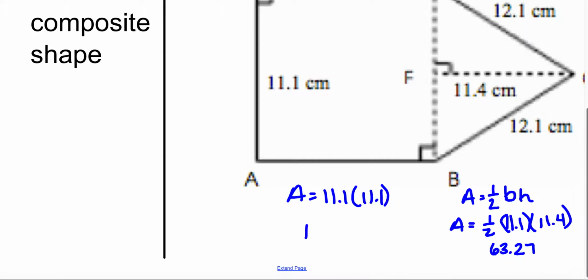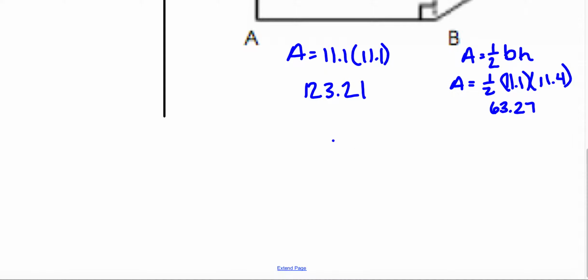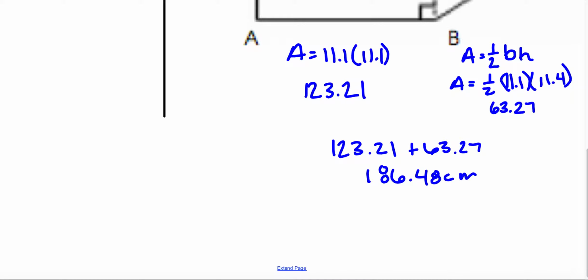And when I get that answer, I get 123.21. So now, just like the last one, to find composite shapes, I need to add these two together. So I'm going to take 123.21 plus 63.27, and I get a total of 186.48 centimeters squared again.